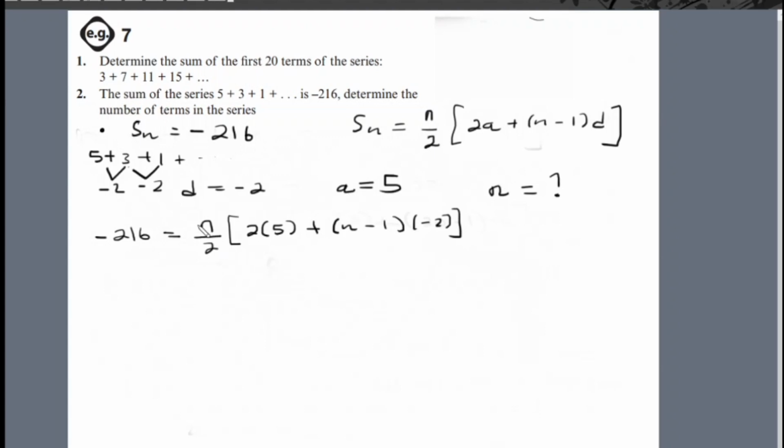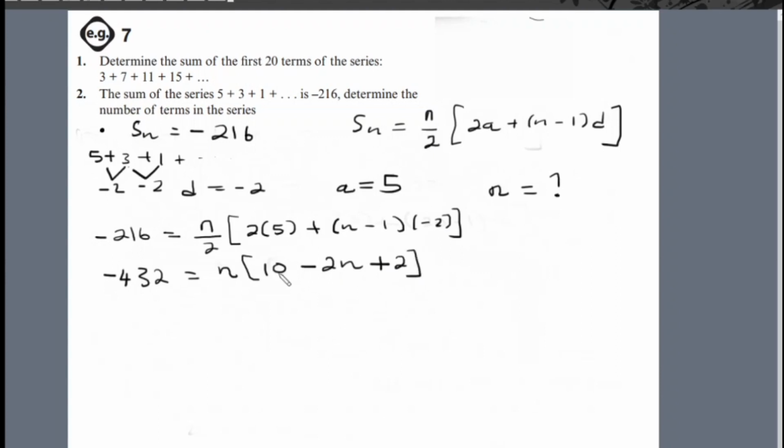So now cross multiply: minus 216 times 2 gives minus 432 equals n times 2 times 5, which is 10, plus minus 2 times n, which is minus 2n, and minus 2 times minus 1 is plus 2.